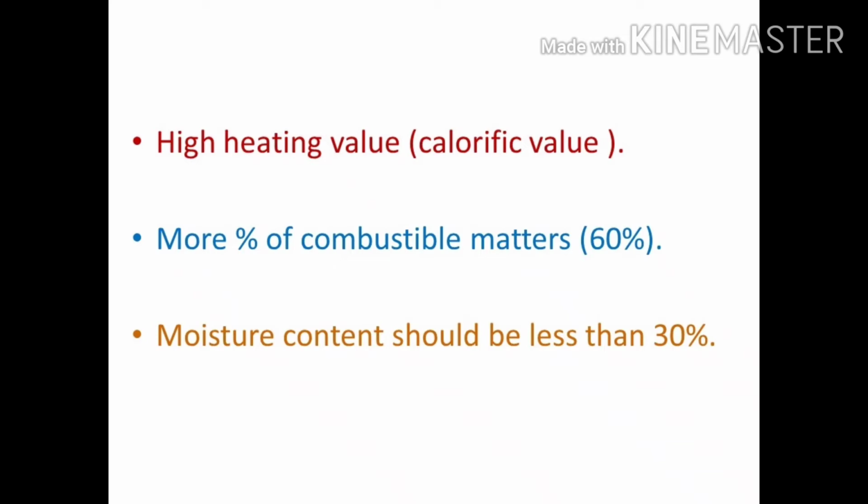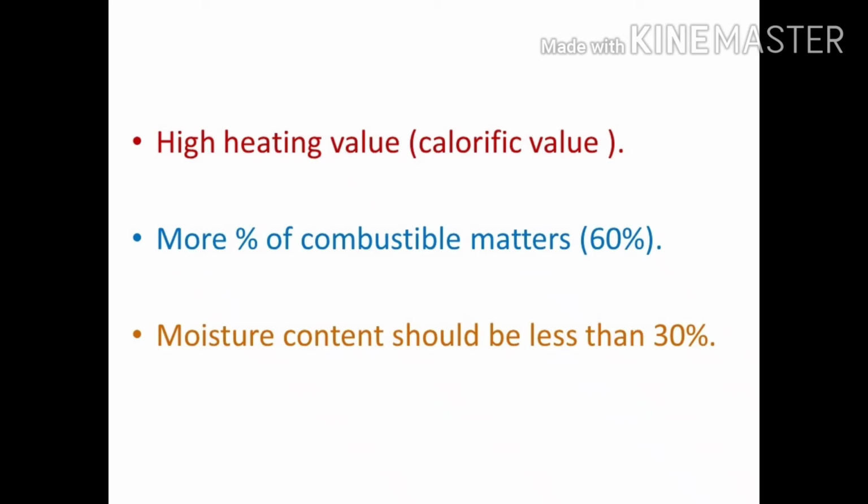The biomedical waste is classified or divided on the basis of the amount of combustible matter present in the waste generated. If the biomedical waste has 60% combustible matter, then on that basis the waste is segregated separately and subjected to a disposal method.